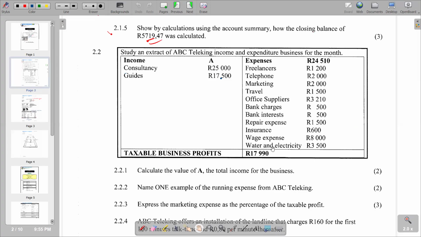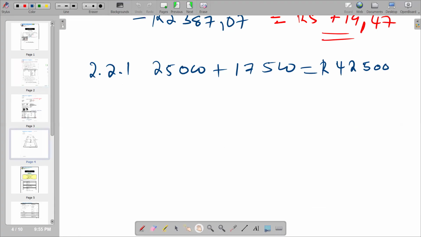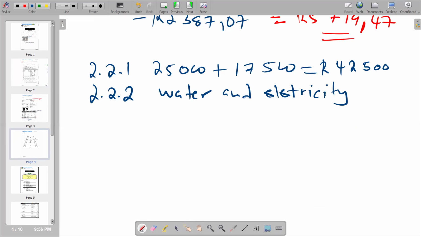We also have water and electricity as a running expense. So basically, we can just pick water and electricity. That is on 2.2.2. We have water and electricity.